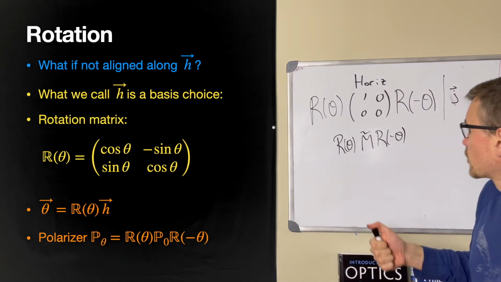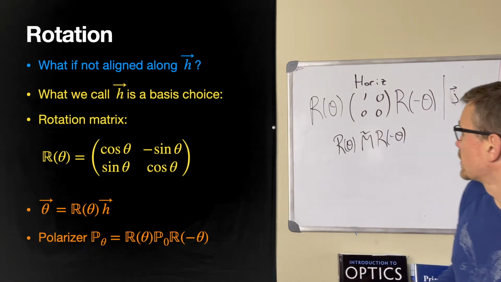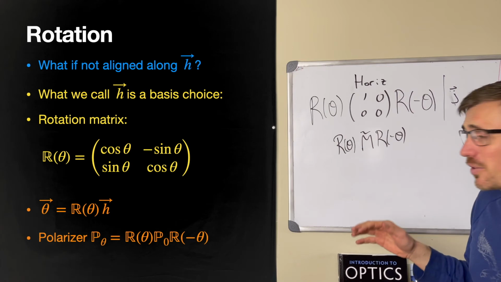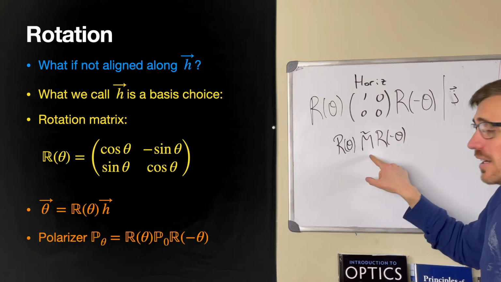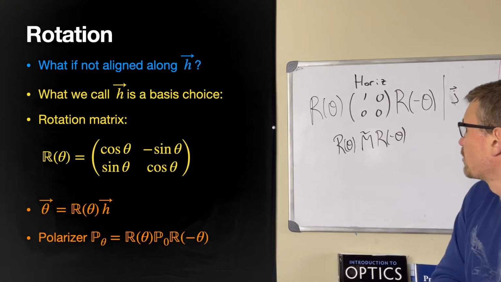This is what is called a unitary transform, and you'll see it a lot in quantum mechanics, but it's useful in optics as well. And kind of hand-wavily, you can say that, well, we're just rotating our light into the basis for which this is simple, applying the operation and rotating it back.